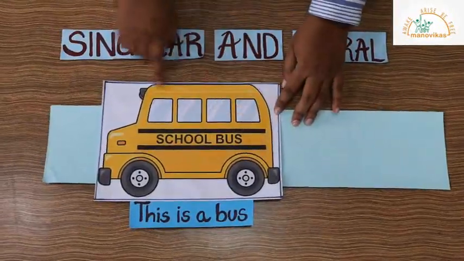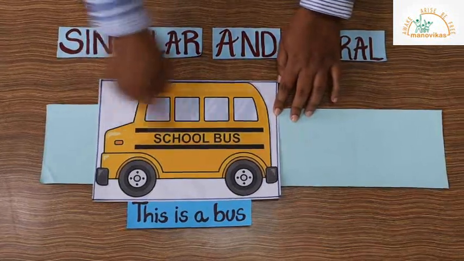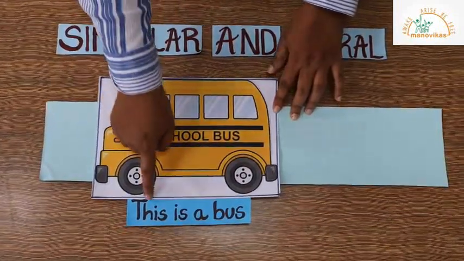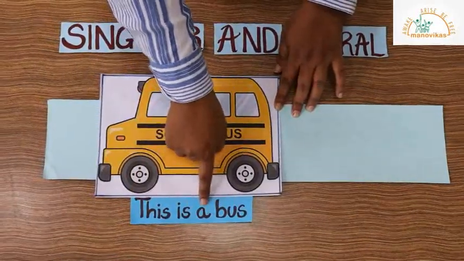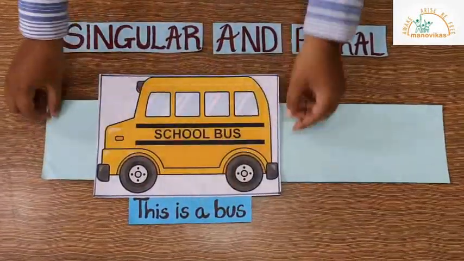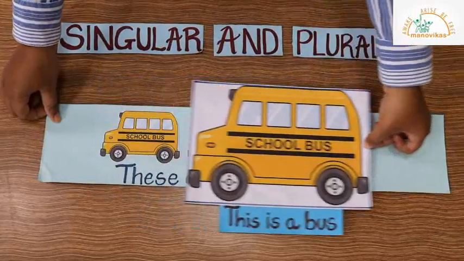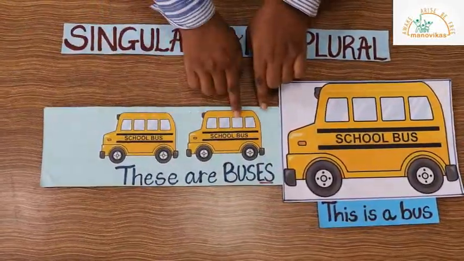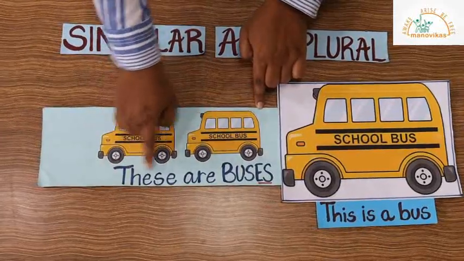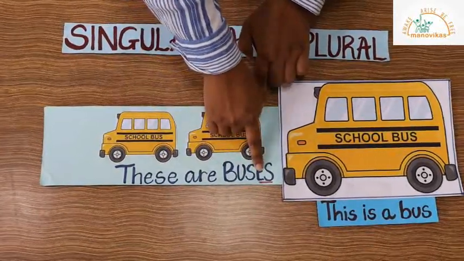Students, here you can see a picture of a bus. This is a bus. Here we have buses. We can see two buses.